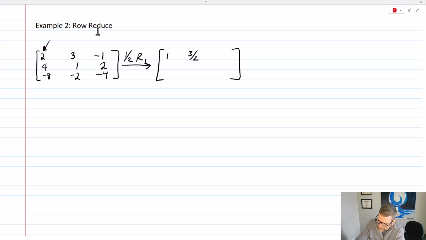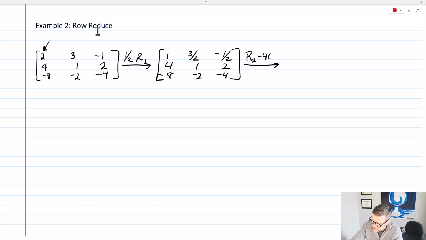So I get 1, 3/2, negative 1/2. Everything else remains the same. 4, 1, 2, negative 8, negative 2, negative 4. Then what I'm going to do is take row 2 and subtract 4 times row 1. Okay, so I've got 4, 1, and 2 minus 4 times 1, 3/2, negative 1/2.